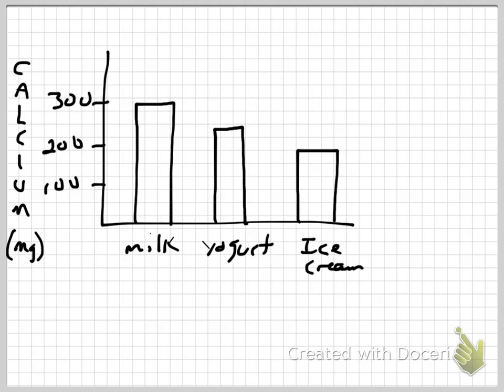Just looking up there at my chart, what is this graph talking about? What's it talking about, Caleb? The amount of calcium in dairy products. Wow. The amount of calcium in dairy products. Do you agree? You can just look at this and know what it's talking about.